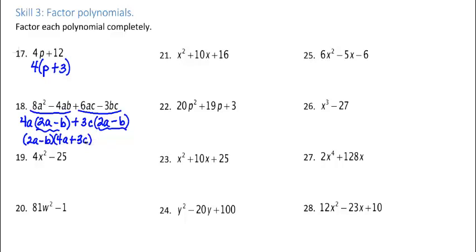Remember, we can check our factoring by multiplying it out to see that we get the original polynomial. Number 19 is 4x squared minus 25.